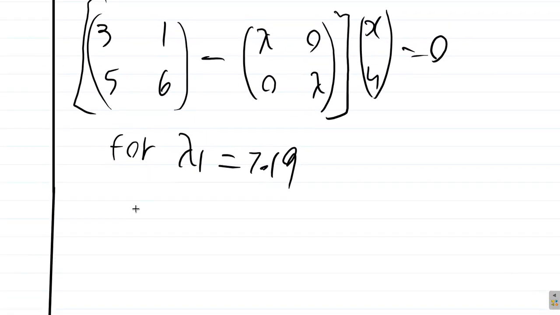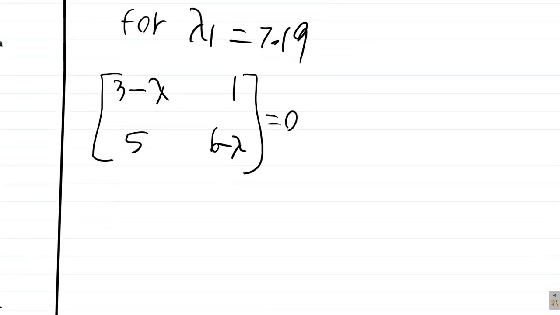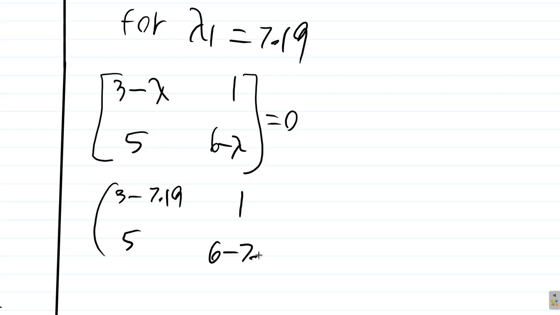If you simplify this further, you have 3 minus lambda, 1 minus 0 which is 1, 5 minus 0 which is 5, 6 minus lambda, equals 0. So we can rewrite the round brackets now: 3 minus 7.19, 1, 5, 6 minus 7.19 equals 0.